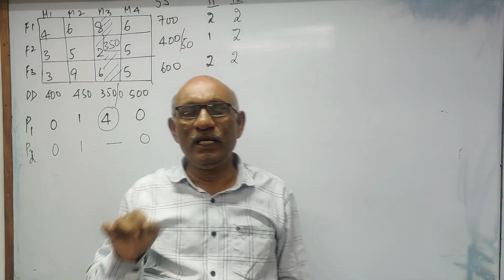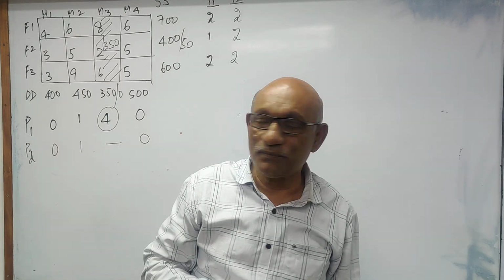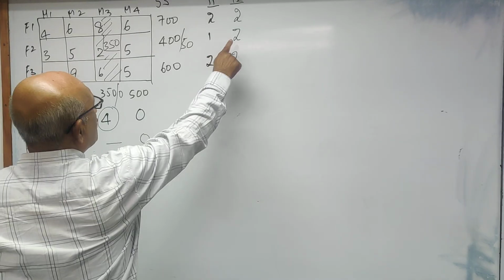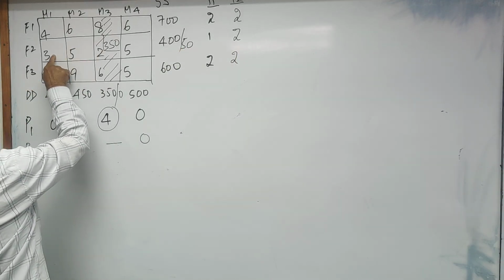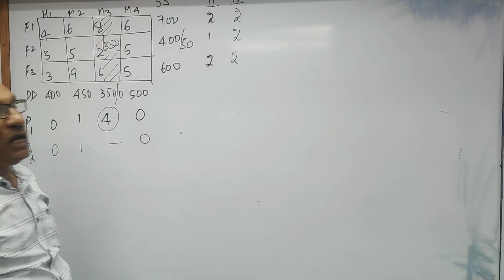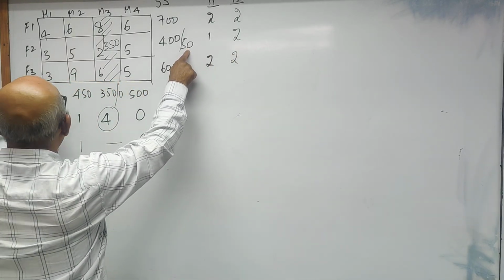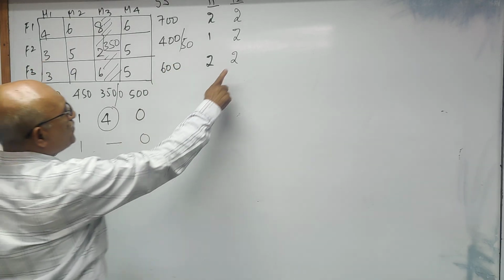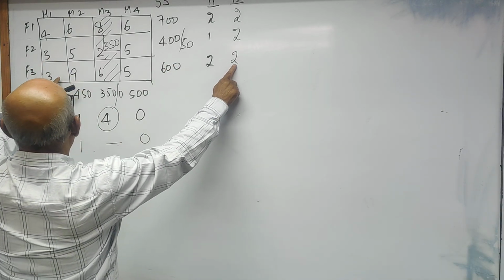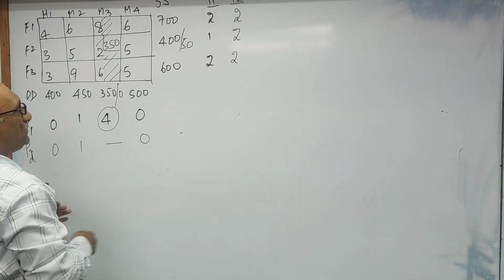Select the penalty through which maximum number of goods we can supply. Corresponding to the second row penalty, only 50 units I can supply to market 1. Corresponding to the third one, 400 units I can supply to the first market.